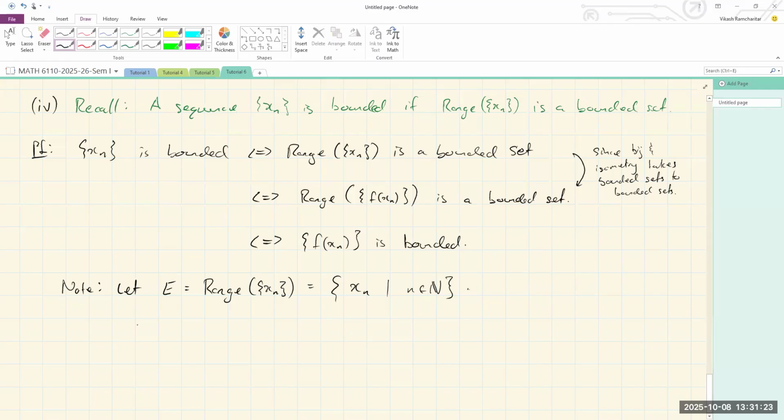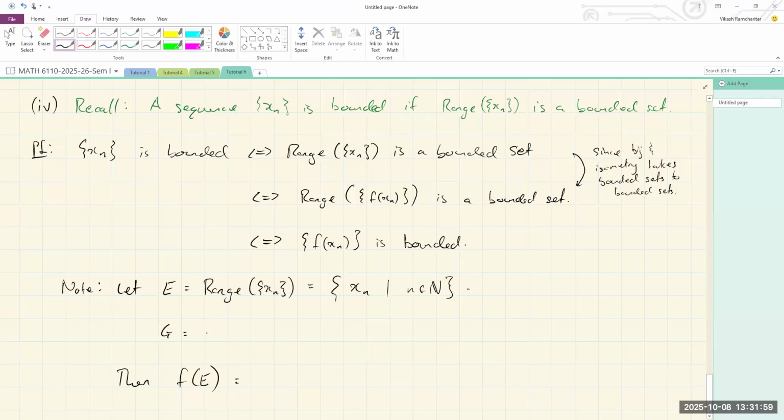I claim that f of E is equal to, so now I need a next letter. E prime? I don't want to use E prime, you may think that's a derived set.